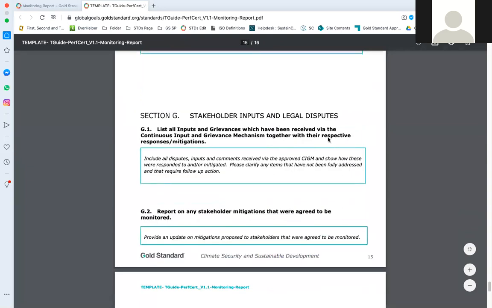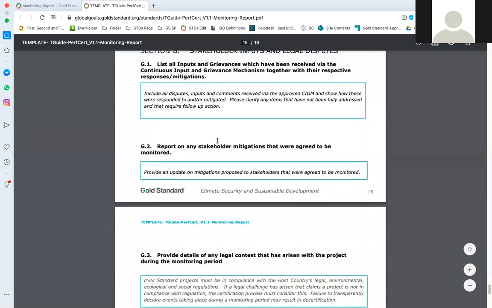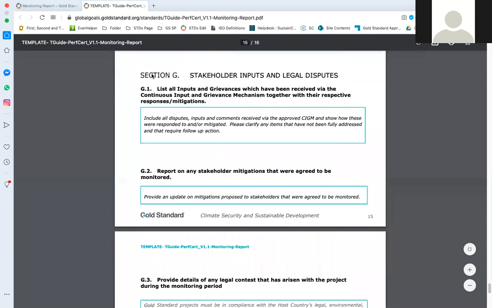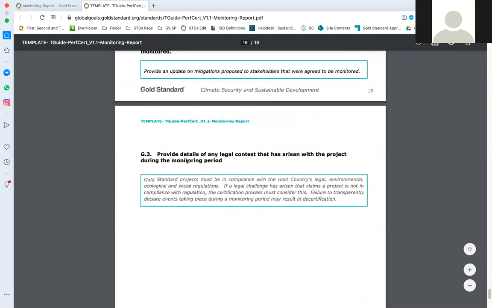One of the areas where there is a bit more clarity is on this final section on stakeholder inputs and legal disputes. These sections G1, 2, and 3 were present. It's just we've provided more guidance on what is expected in each of these sections, and in particular legal contest.